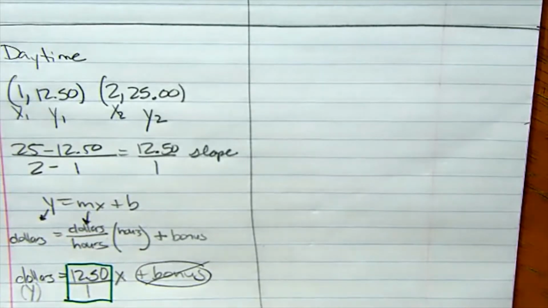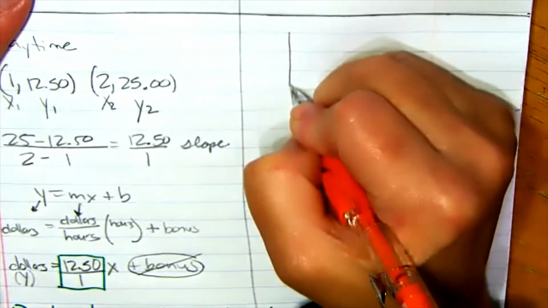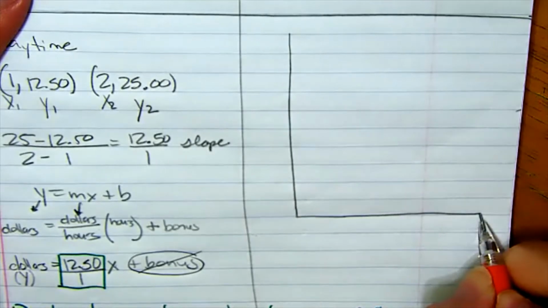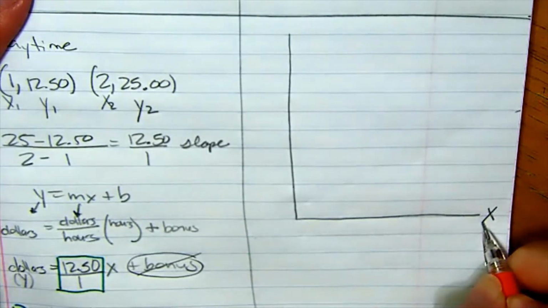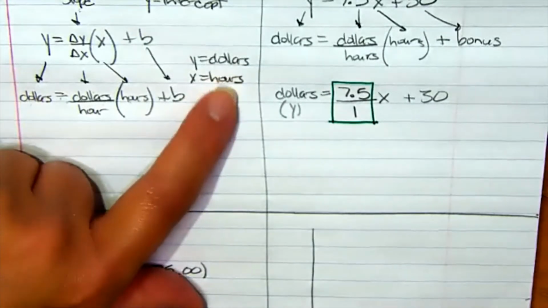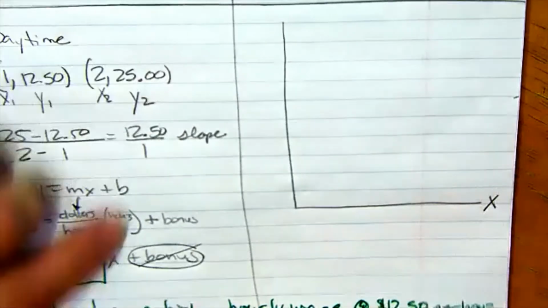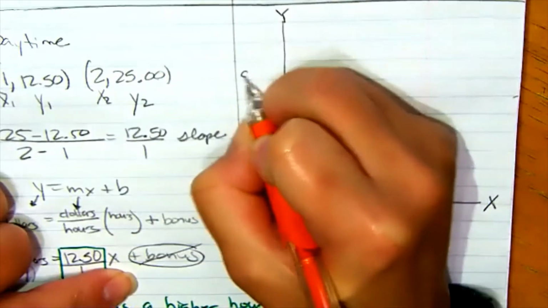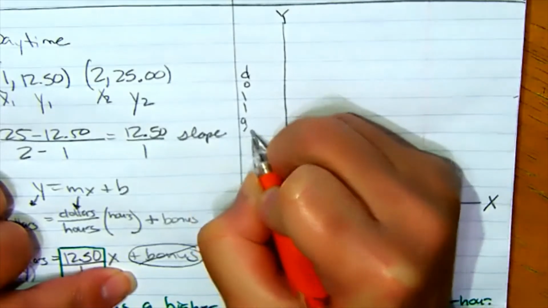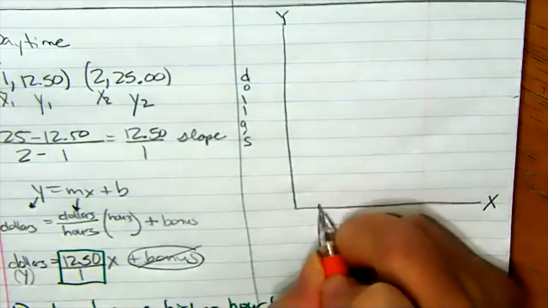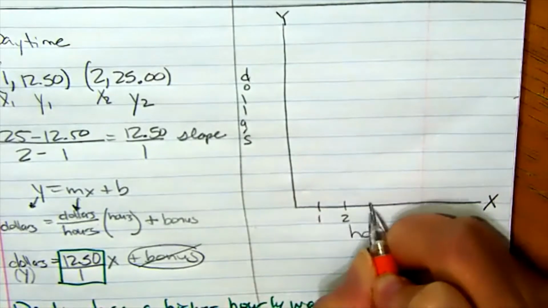So we want to graph both of these. So X, we already said, if we take a look back at our notes, X is hours. So here's our hours. And Y is dollars. So my scale for hours is going to be 1.